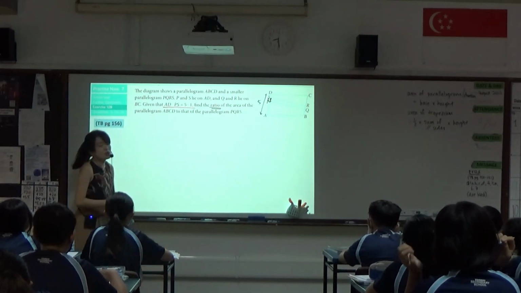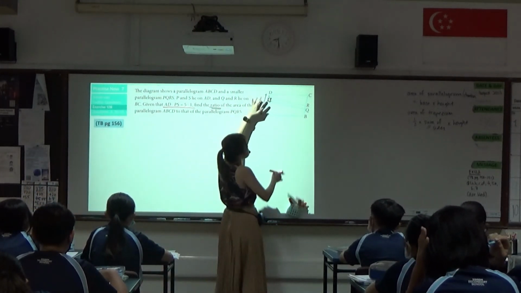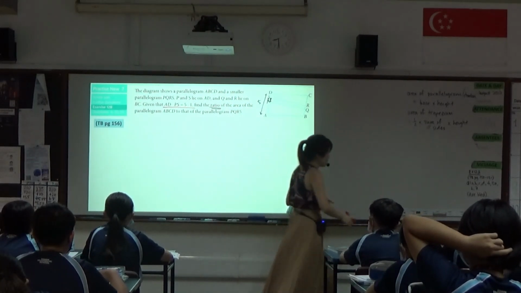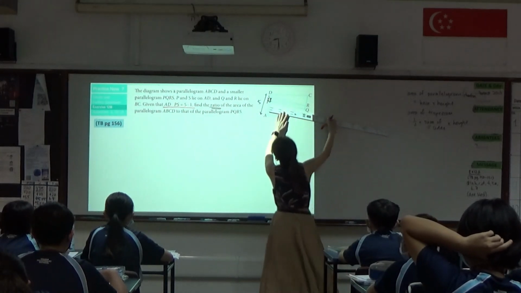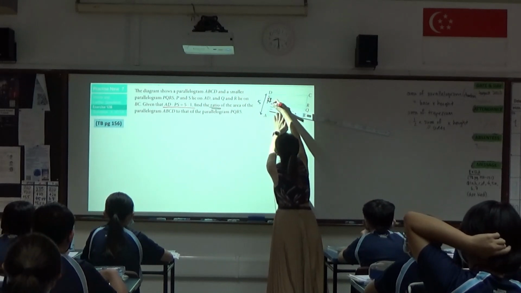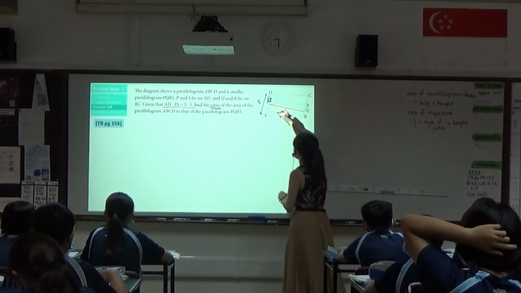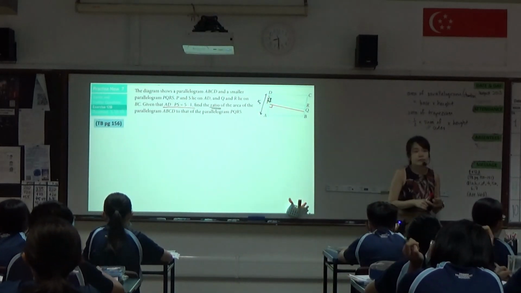Then I will try to identify the heights. The height for the longer one must be perpendicular, so let me use my ruler to be precise. So I recognize that this shall be my height, that's corresponding to AD.